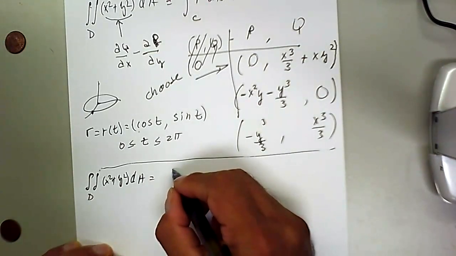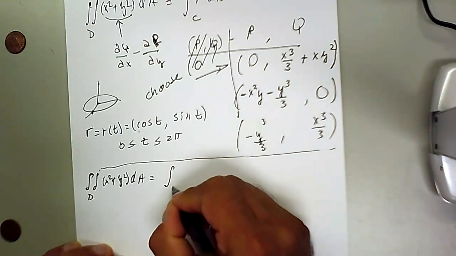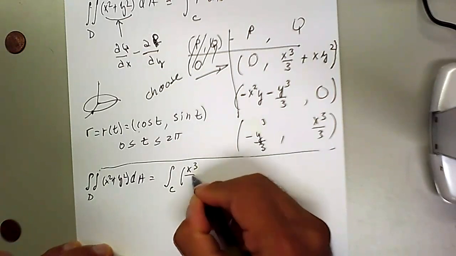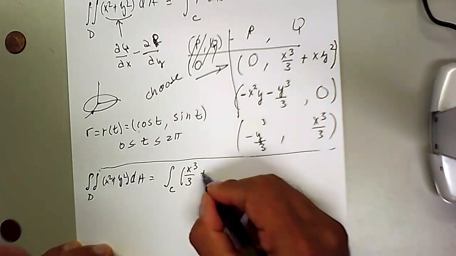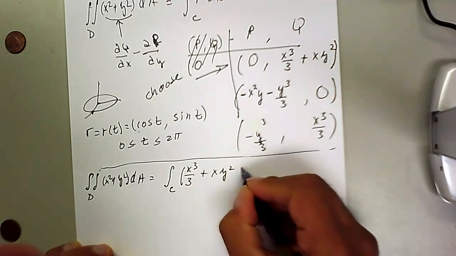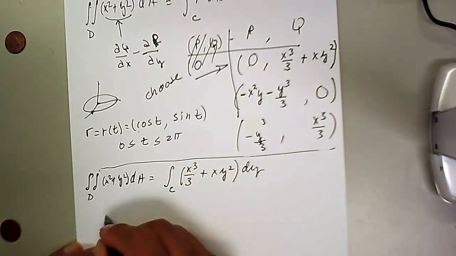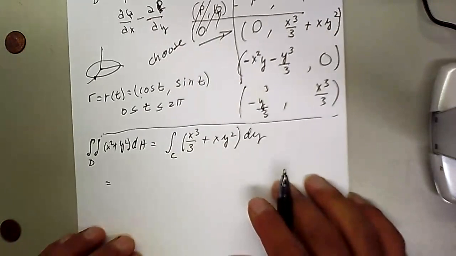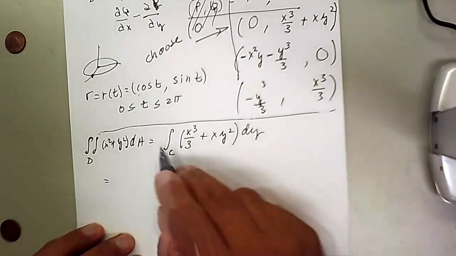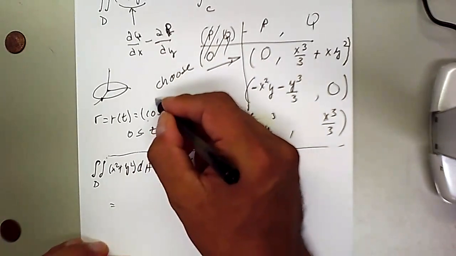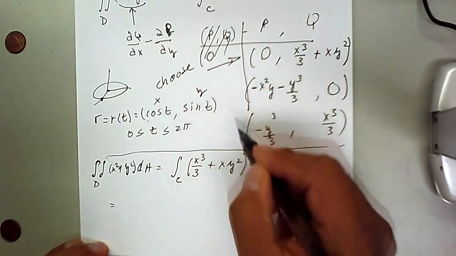So we're going to integrate over the curve x cubed over 3 plus xy squared with respect to y. The curve is given by this, and this is of course x, and that is y.